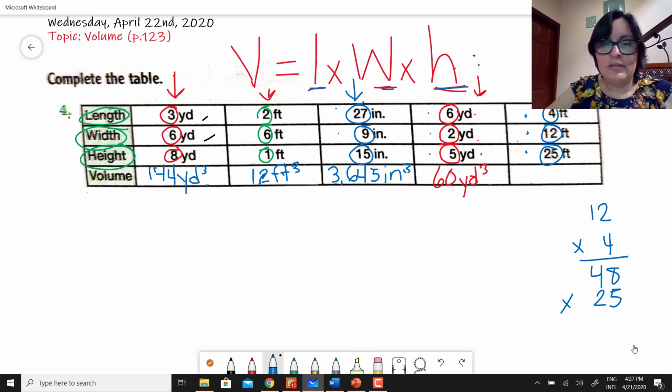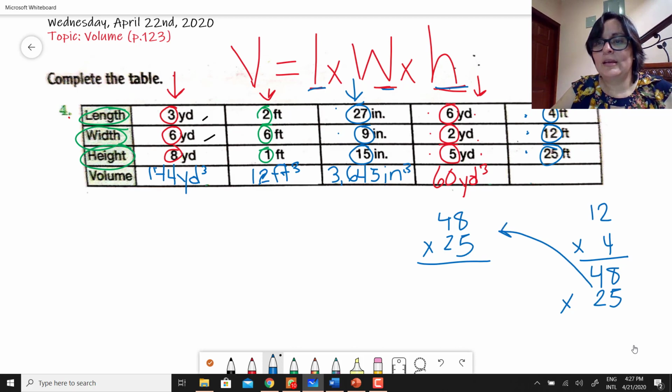But now we have to multiply 48 times 25. I think we are not going to have enough space in there, so we are going to do it in here. 5 times 8, 40. 5 times 4, 20 plus 4, 24. Now we leave a space, and we continue with number 2. 2 times 8, 16. 2 times 4, 8 plus 1, 9.